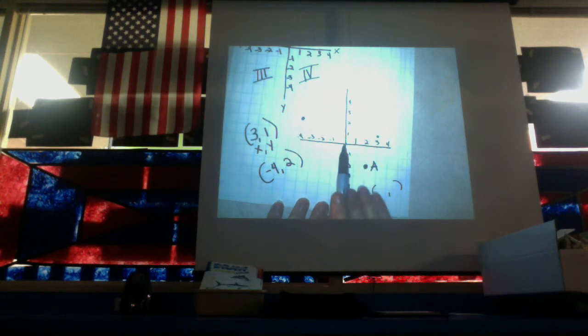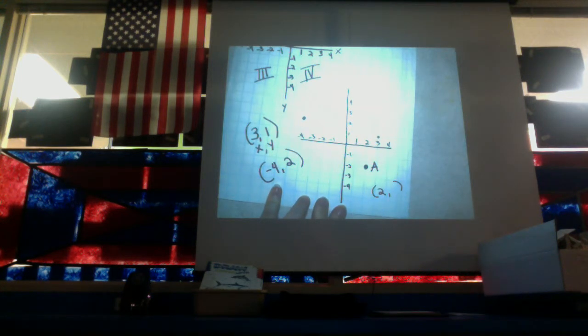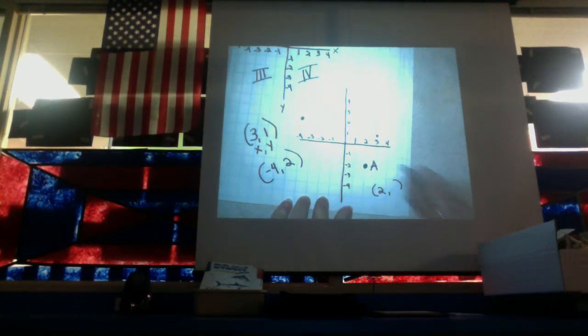How far over is that? It goes over 2, so 2 is my first number. Then the y-axis would be my next number. How far down does it go? It goes down to -2. So (2, -2) are the coordinates for point A.